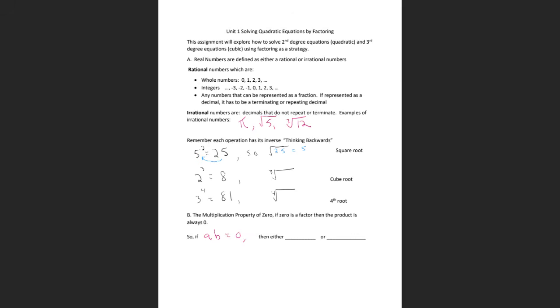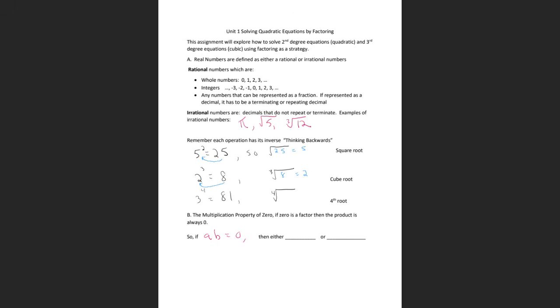So square root means you're looking for that original number that was squared that gave you that. So if you know that 2 cubed is 8, then you can go backwards and say the cube root of 8. If you go backwards this direction, you now can use the cube root symbol and say the cube root of 8, and that's going to give you 2, because that's what actually was cubed that gave you the 8.